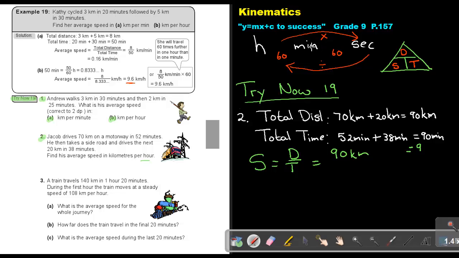From minutes to hours, I divide by 60. So I just divide by 60 and then it will be hours. So let's just leave that fraction. It's 90 over 60, and that's hours. And my final answer will then be 60 kilometers per hour. And that will be my speed.